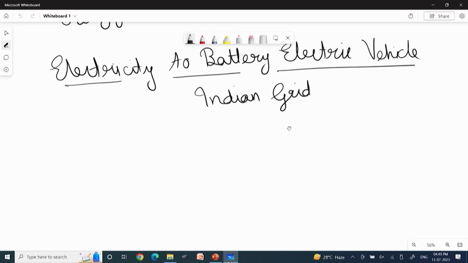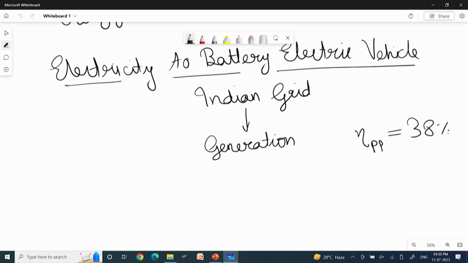So, the Indian grid would have the electricity generation, and this generation would be taking place in a power plant, and for this I am assuming the efficiency to be 38%. I have increased the efficiency here because we would have gas fired power plants and other power plants which could have slightly higher efficiencies.